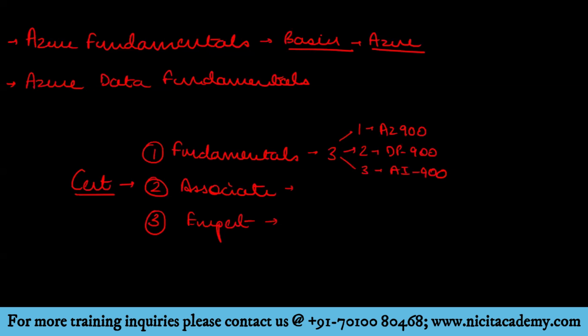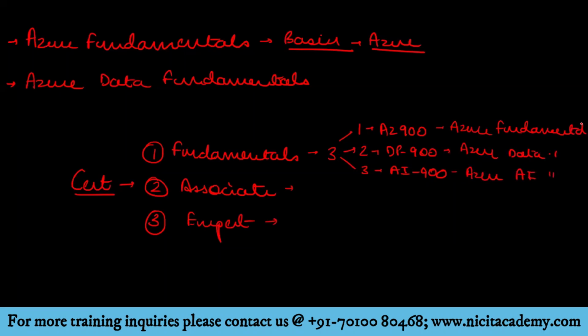Now, these certificates are really easy to get. These certificates basically showcase your fundamental understanding of Azure as a cloud platform. AZ 900 is your Microsoft Azure fundamentals. DP 900 is your Azure data fundamentals. And AI 900 is your Azure AI fundamentals.